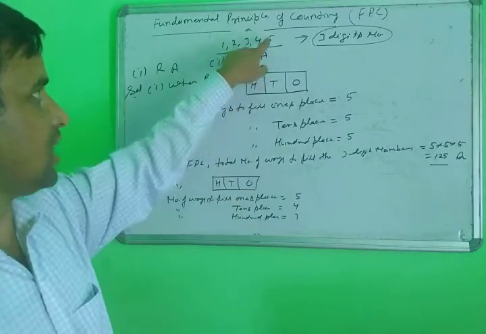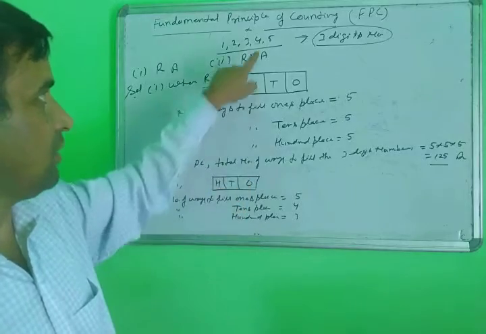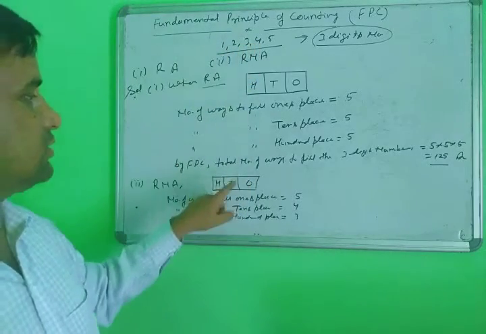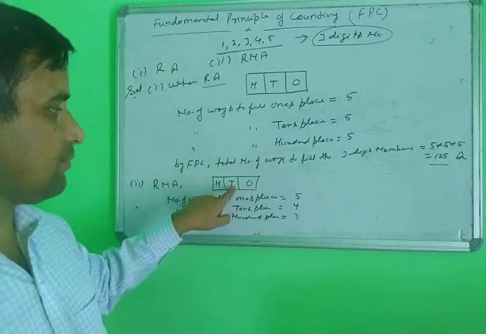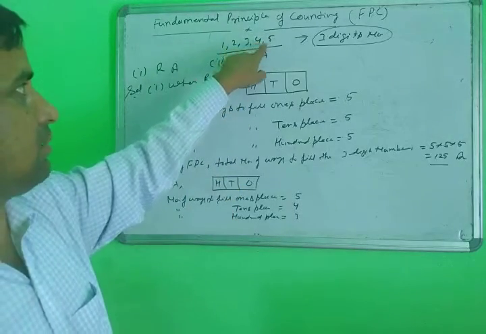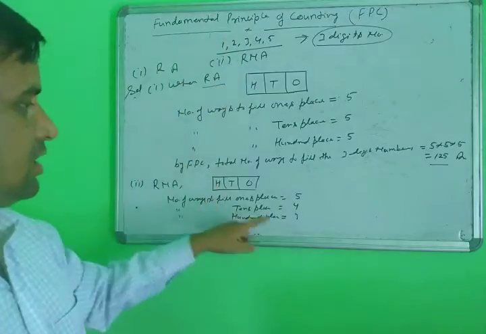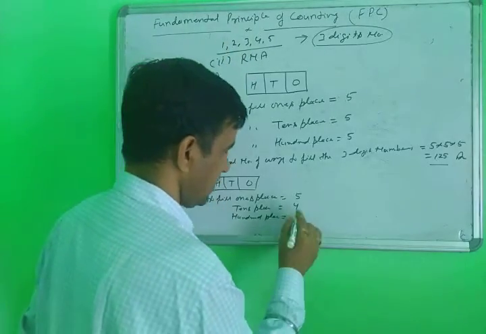Suppose you fill 5 here, how many digits are left? 1, 2, 3, 4, so you have a choice of only 4 digits. Next, once two places are filled, two digits are used, so 3 digits are left, and here you have a choice of only 3 ways.